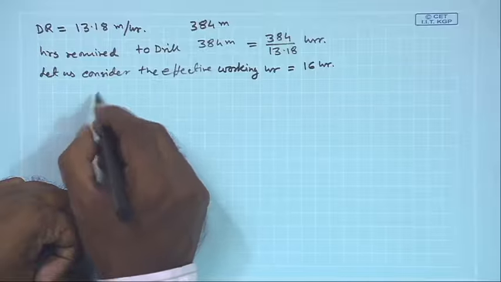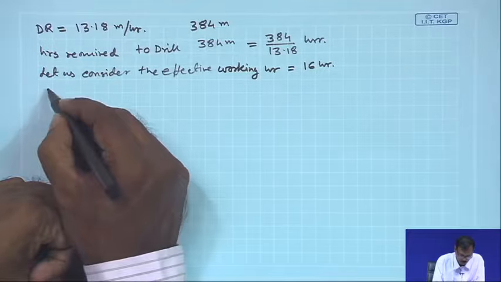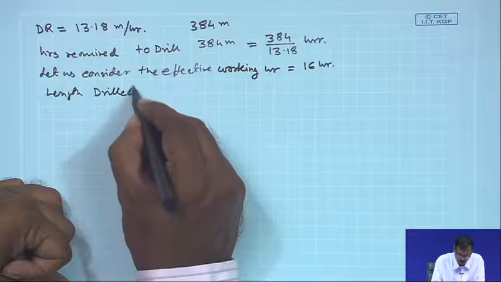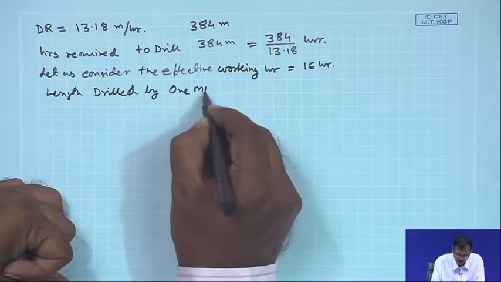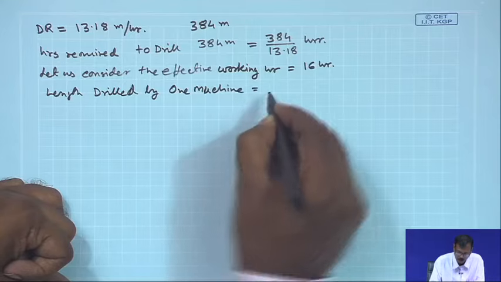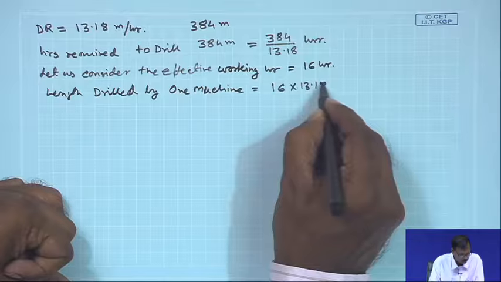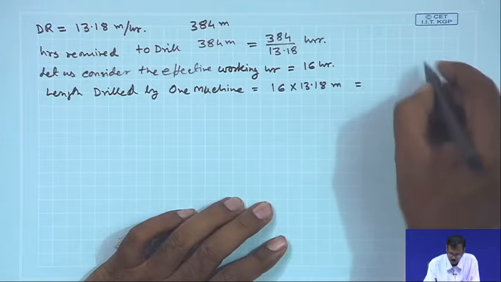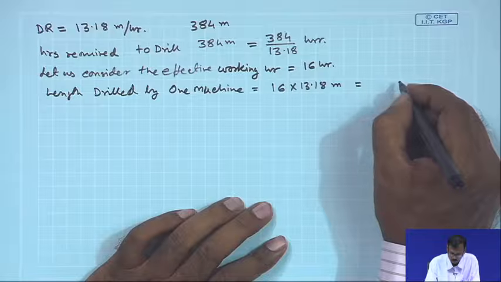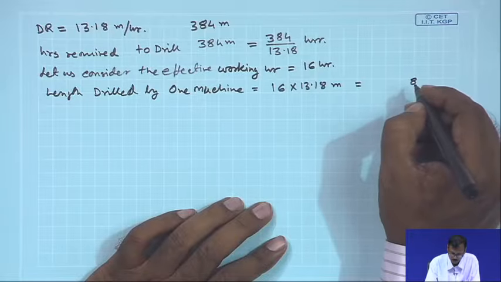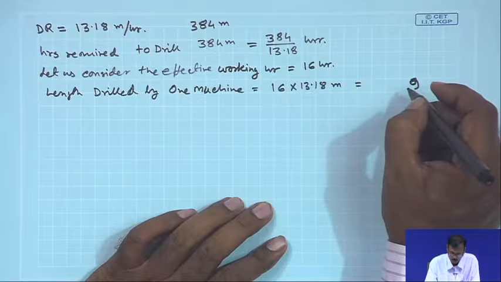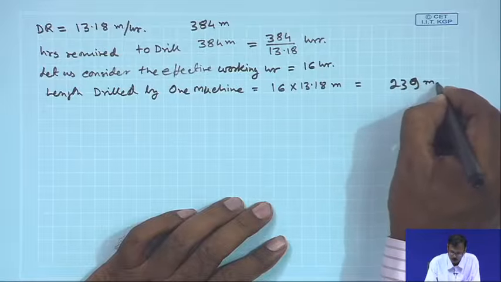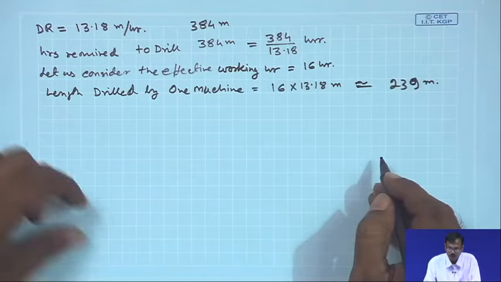Then the length drilled by one machine is equal to 16 into 13.18 meter, and this comes to around 239 meter.